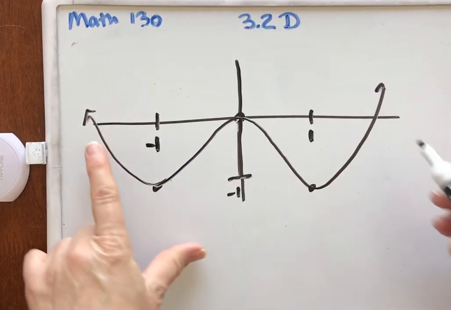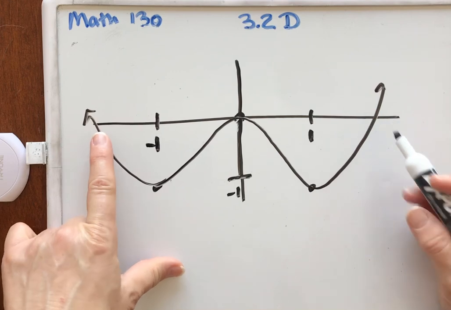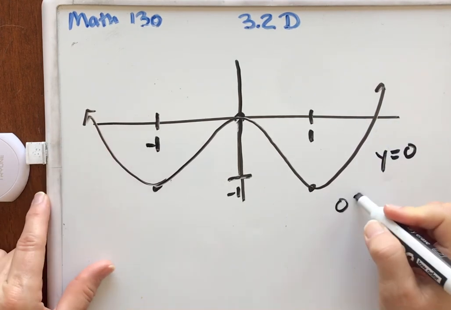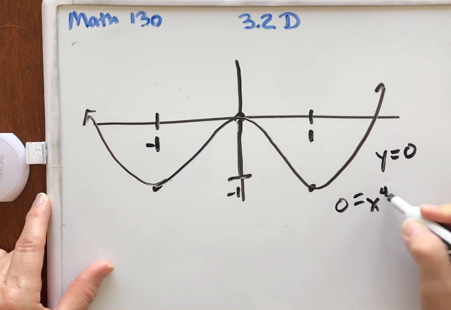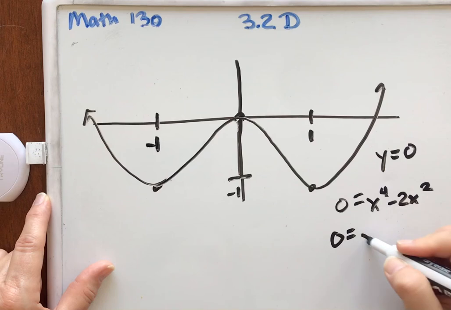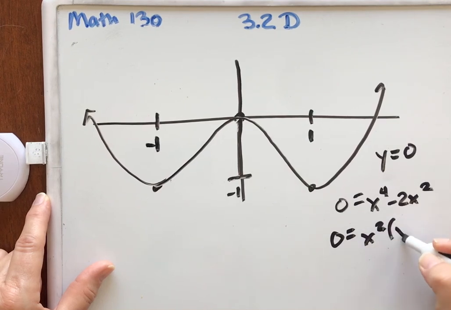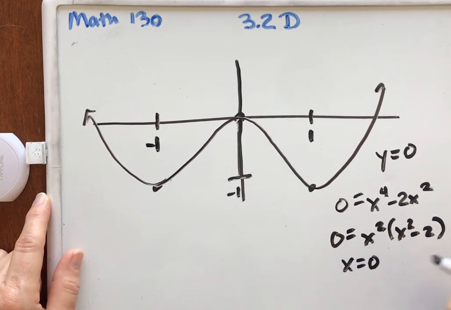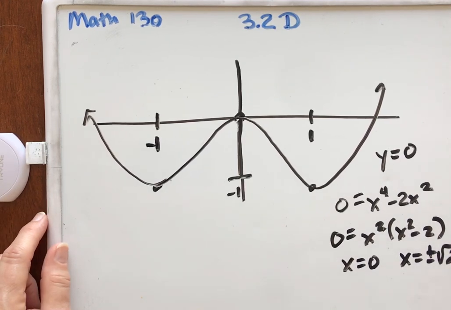Now, where does it cross the x-axis? We'd have to test when y equals 0. So we would have to solve 0 equals x to the 4th minus 2x squared. 0 equals x squared times x squared minus 2. So x would equal 0 in this case, and x would equal plus or minus square root of 2 in that case, which is approximately 1.4.